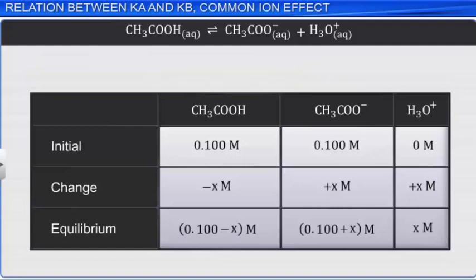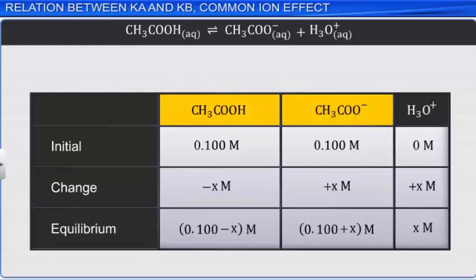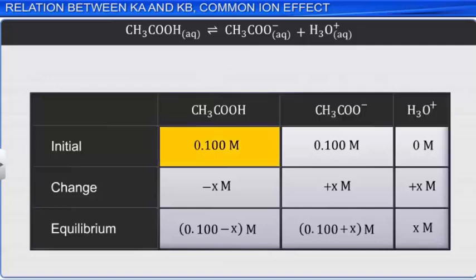The initial concentrations of CH3COOH, CH3COO- and H3O+ are 0.1, 0.1 and 0 M respectively. The change in concentration after the dissociation of acetic acid is -x M for acetic acid, +x M for H3O+ ion and +x M for acetate ion.